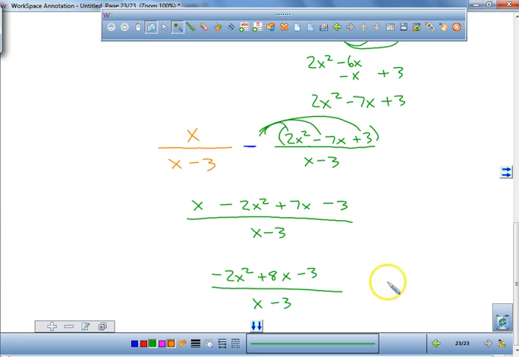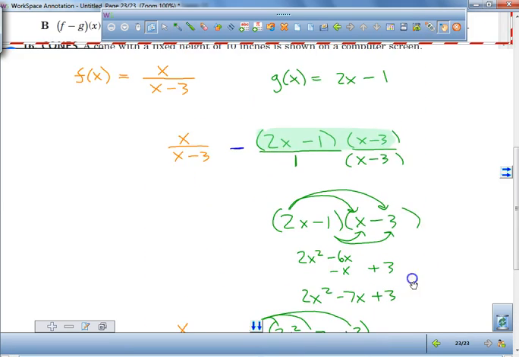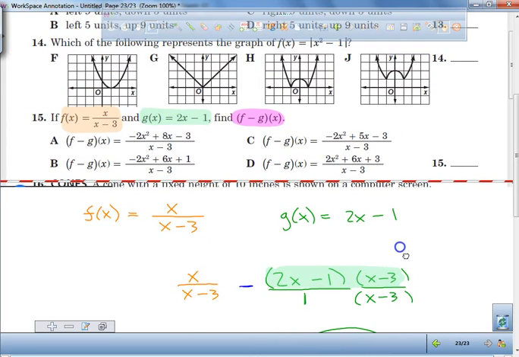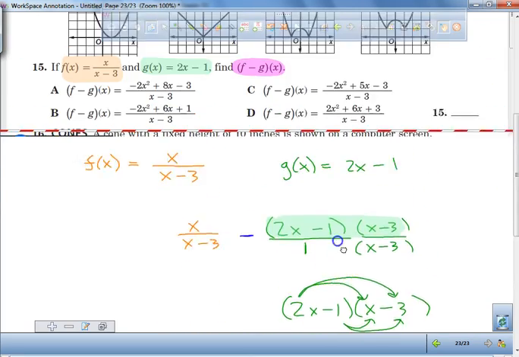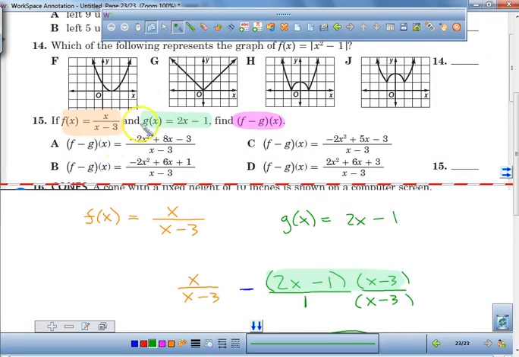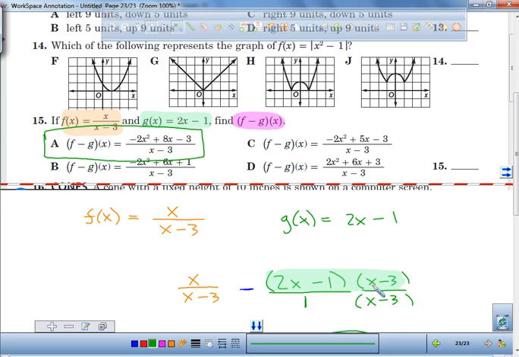So now, done a lot of work. We're going to go back up and see if we have anything that matches that at all. Thank goodness. All of that work, there it is. By the way, how fast did I try to rush through that? No, I tried to take my time and go through the steps.